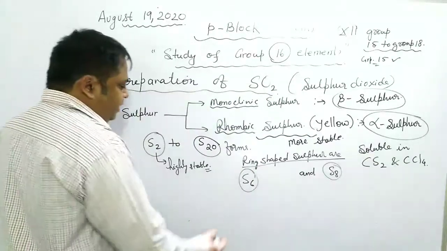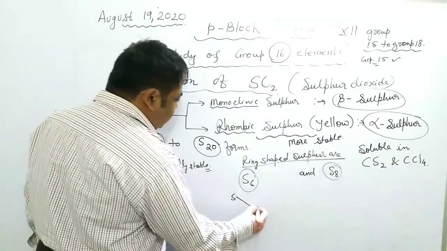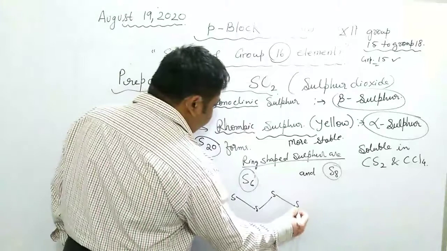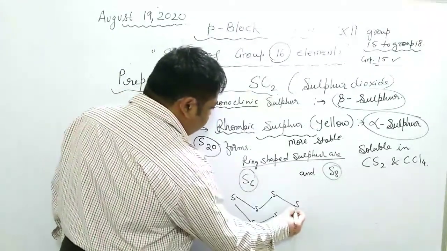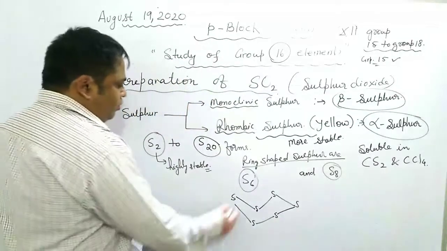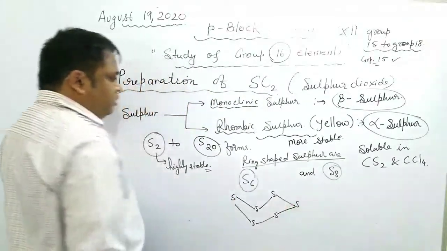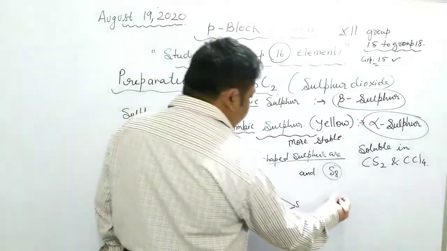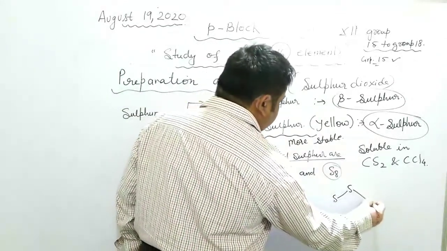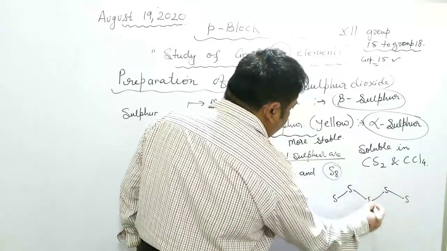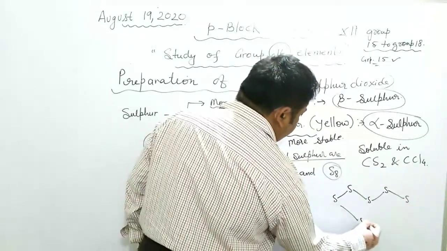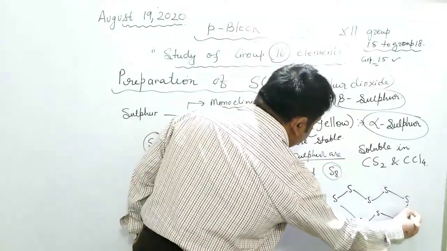How is S6 made? S6 is made like this: sulfur, sulfur, sulfur, sulfur, sulfur, sulfur, 1, 2, 3, 4, 5, 6, in a ring. How is S8 made? S8 is made like this: 1, 2, 3, 4, 5, and then three more sulfur atoms.